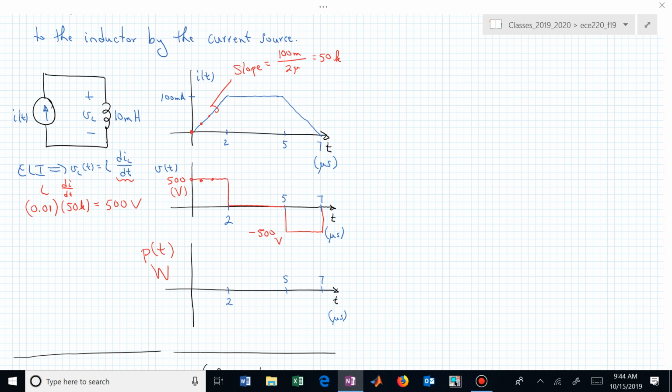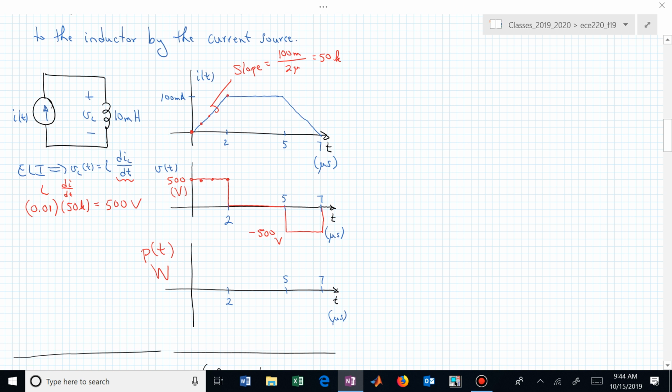And while we're transitioning from 0 to 2, voltage is a constant, and it's multiplied by a linear change or a slope. So we're sloping in the power from 0 to 2. And the maximum value we will get to is determined at those 2 points.